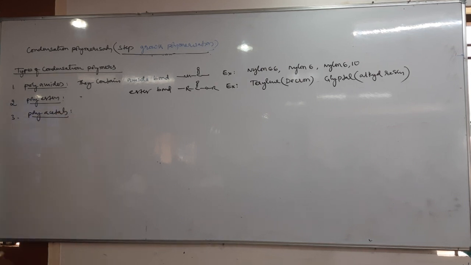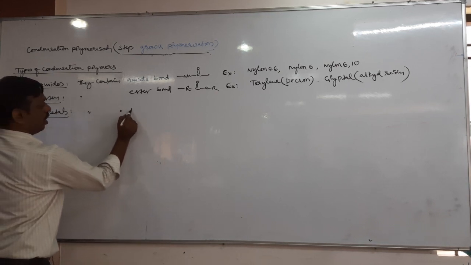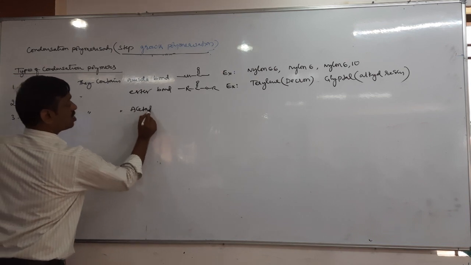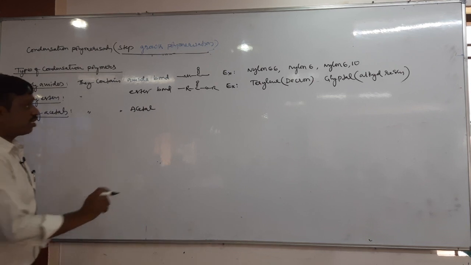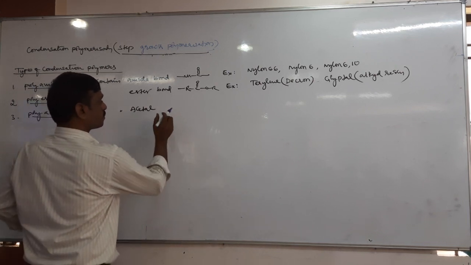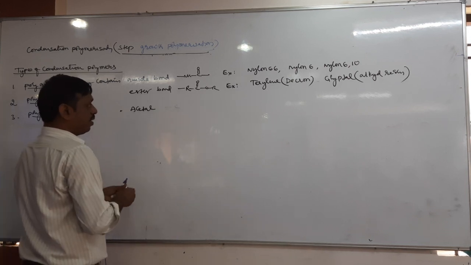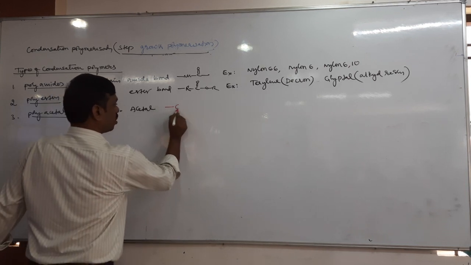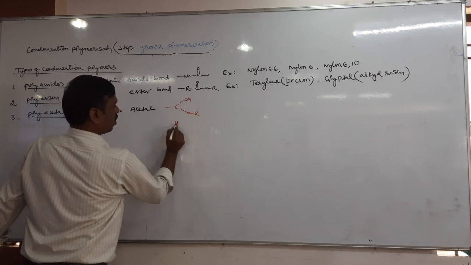Polyacetal. So polyacetal contains which bond? They contain acetal bond, no? We studied hemiacetal and acetal. Tell me, acetal contains which bond? Hemiacetal contains one OH group and another ether bond.